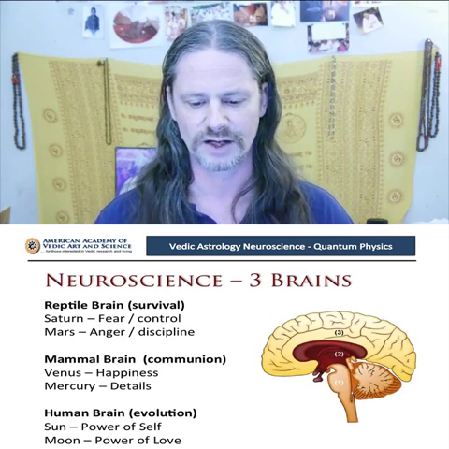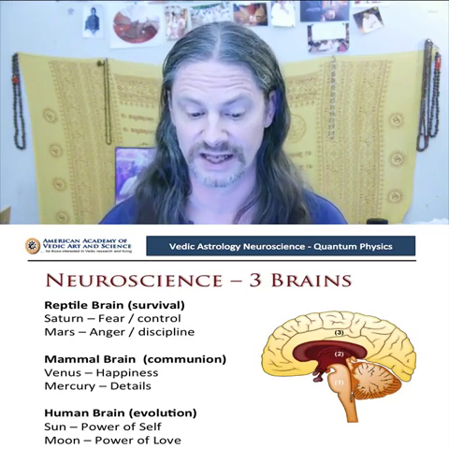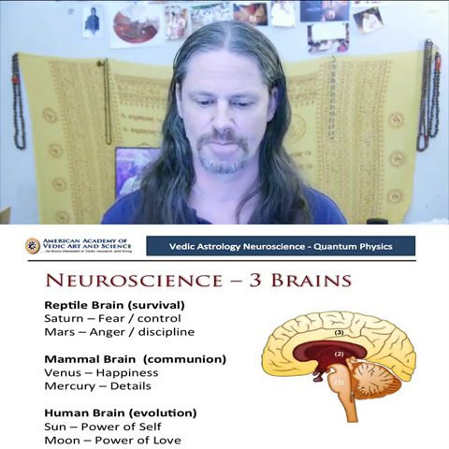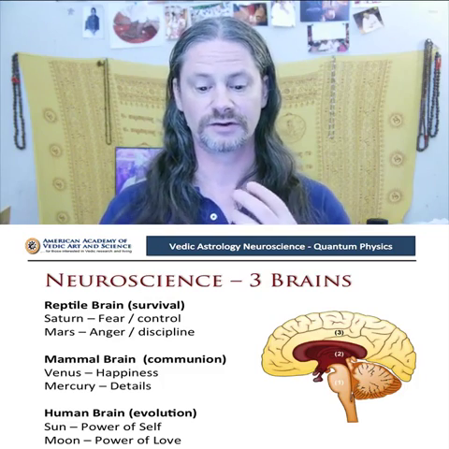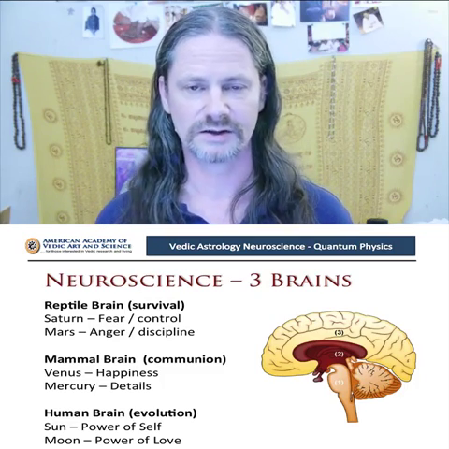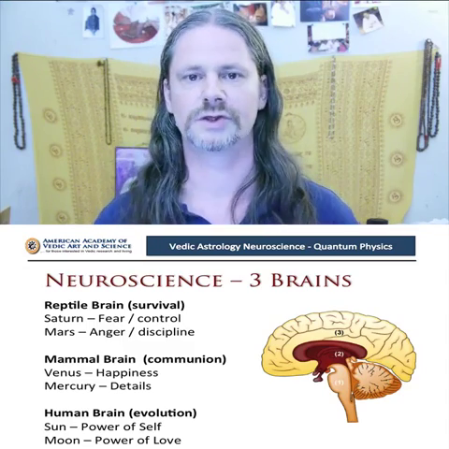Then we have that mammal brain, which is about communion. And that's related to the Rajasic planets of Venus and Mercury. So these Rajasic planets, Venus and Mercury, have to do with happiness, enjoyment and pleasure, which is Venus, and then details, which is Mercury.